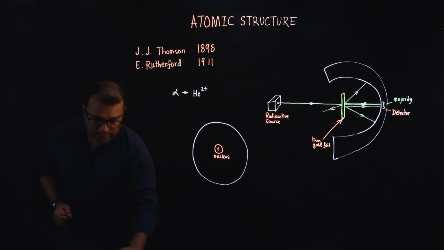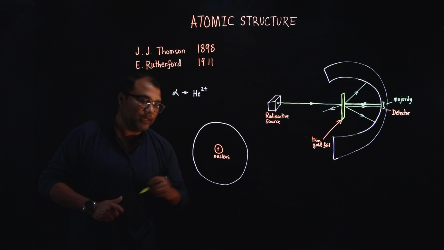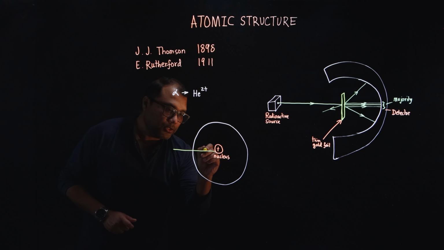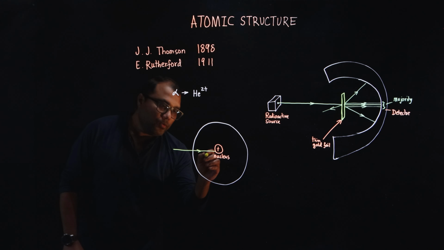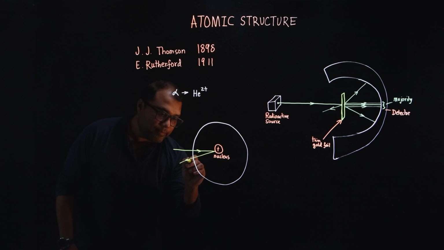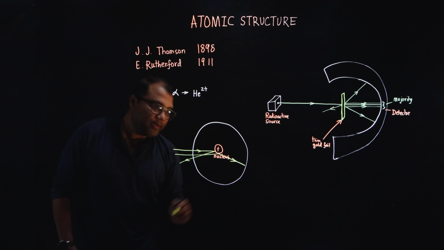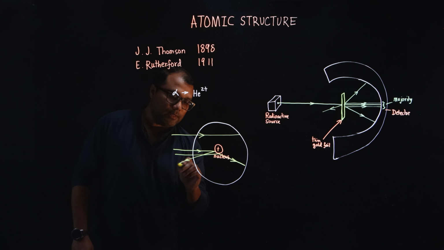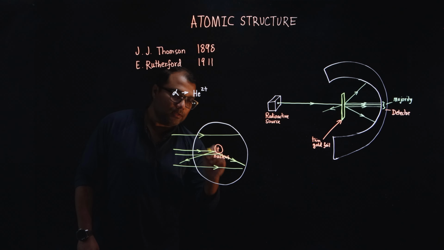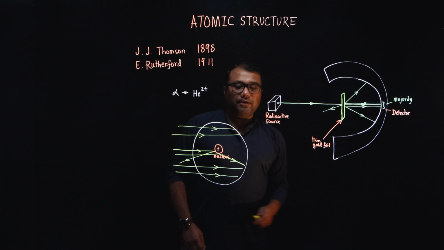So that is the reason when these alpha particles were sent to this gold foil, only a few got reflected back, a very few minority get deflected, but most of the others, they went through the atom, and that's the reason majority of those rays ended up here.